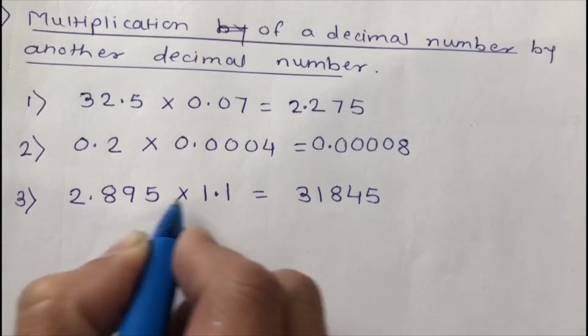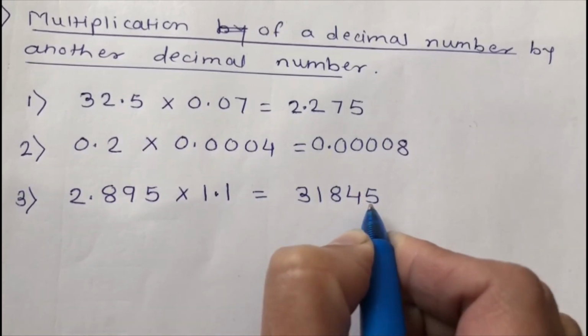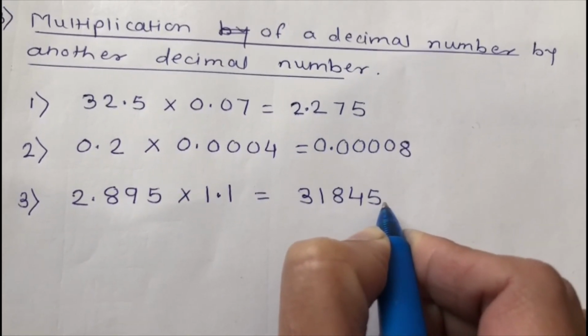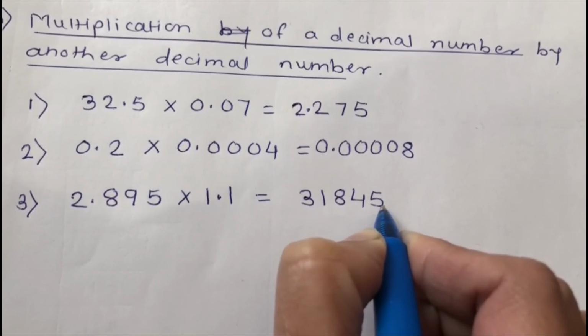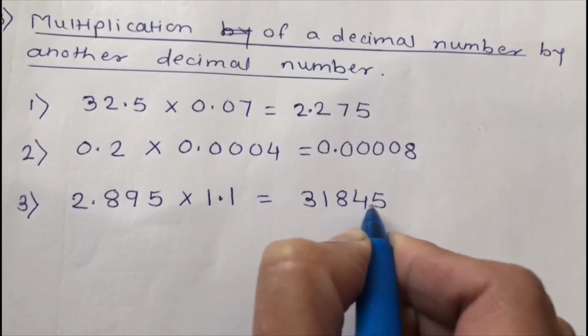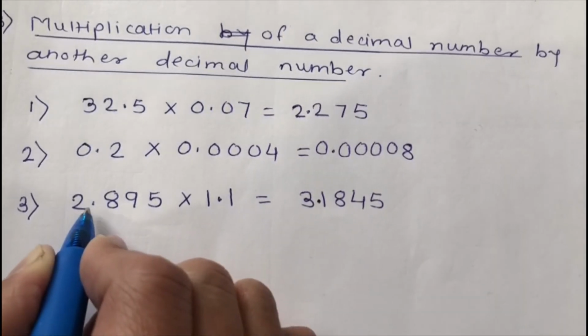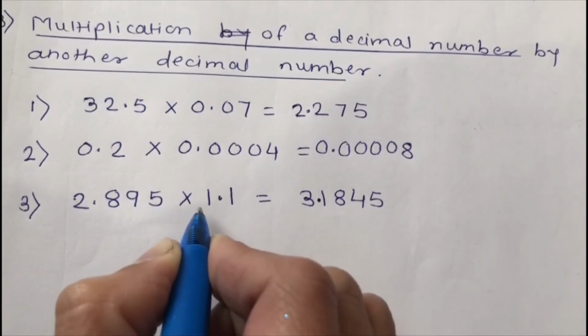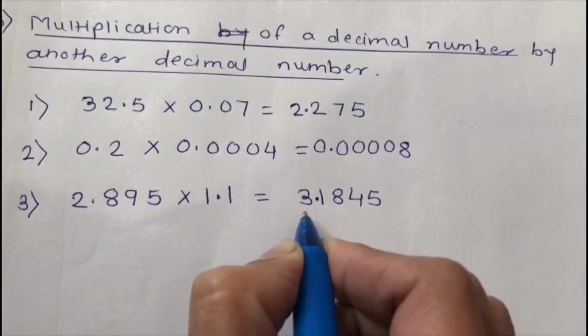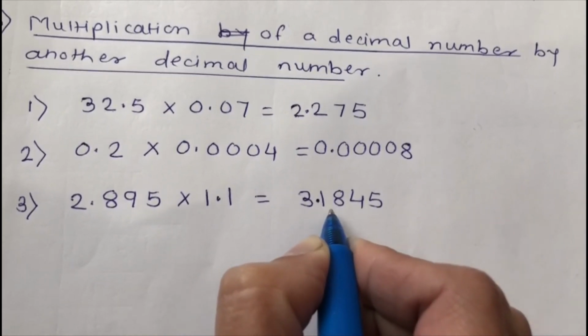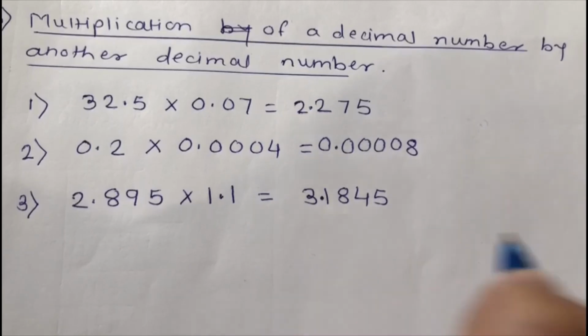So total 3 plus 1 means 4. So we have to give the decimal point after 4 digits from the right. So when we multiply 2.895 by 1.1, it gives a value 3.1845.